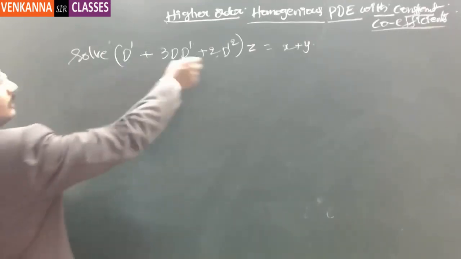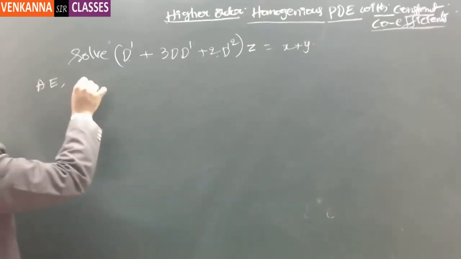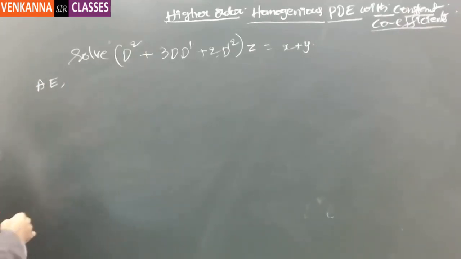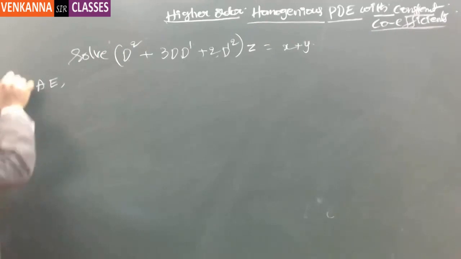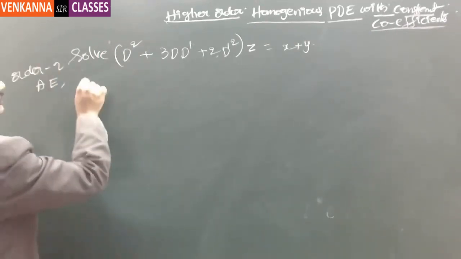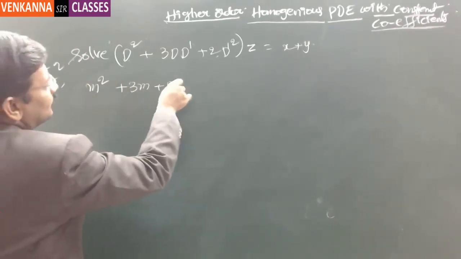So here we have D and D dash. The order of the differential equation is 2. Then the auxiliary equation will be m square plus 3m plus 2 equal to 0.